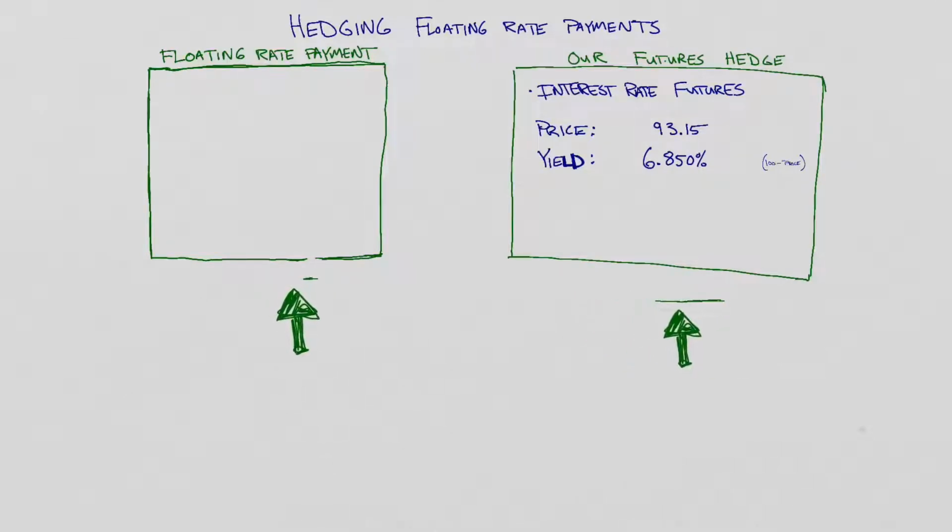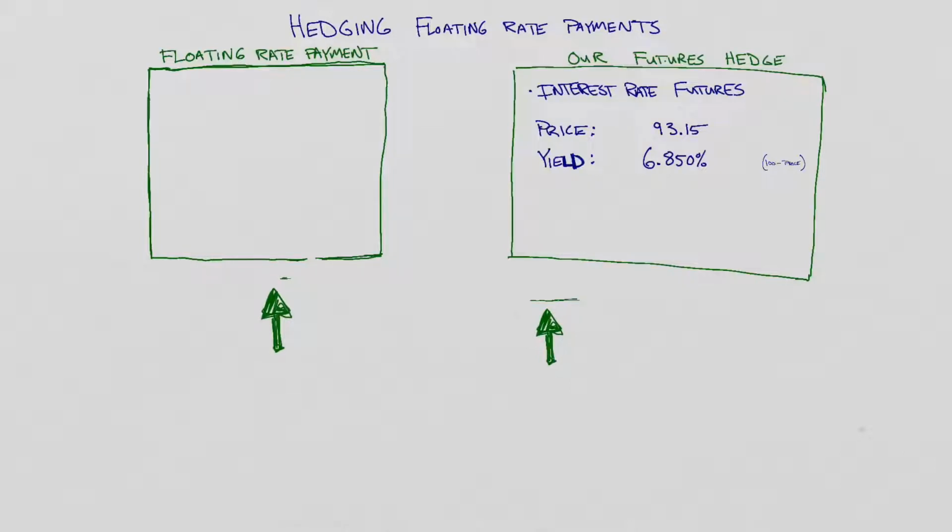We still have a floating rate payment, but because we bought a futures contract that reacts in exactly the same way as our interest rate payment, it pays off an amount equal to the increased cost of our payment, then effectively we don't have any exposure to variability in interest rates at all.